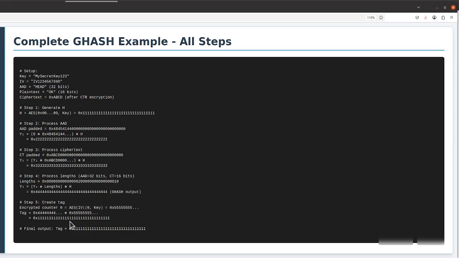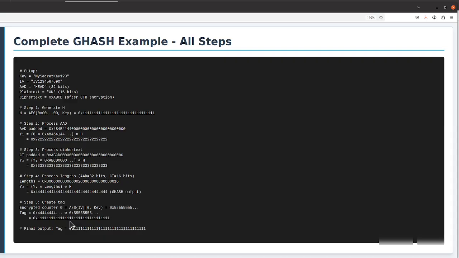To compute Y3, we take Y2 XOR lengths, then multiply the result by H. This means we XOR the value 0x33...33 with the value 0x00...10, and then multiply that result by H. The XOR operation gives 0x33...23. Next, multiply by H to get Y3, which equals 0x44...44. This is the GHASH output.